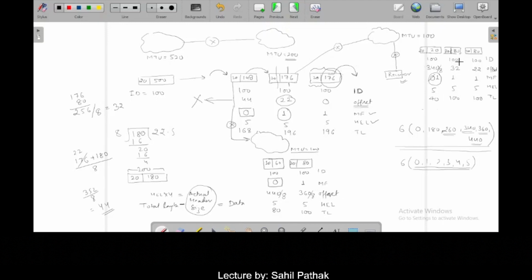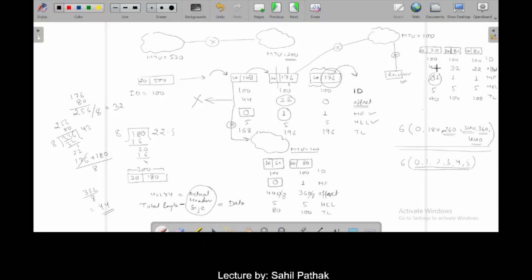You can see there are 176 plus 80, which is 256, and plus 80. So if we make 256 plus 80, that would be 336, and 336 divided by 8 is 42. So here it is coming out to be 42.